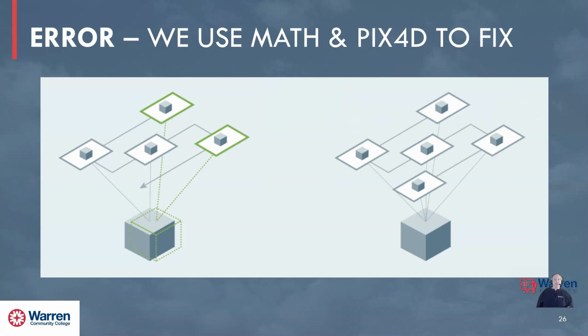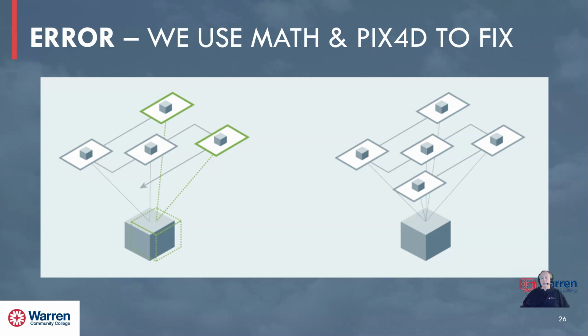So what does it really mean? What happens here? You're flying this flight path and taking pictures and you're trying to capture, in this case, that cube at the bottom. But because of the angle and where we've moved, there's going to be a level of error over here in the square. So it might be just a little bit off. And in fact, this can be inches off, centimeters off, meters off, yards off, feet off.